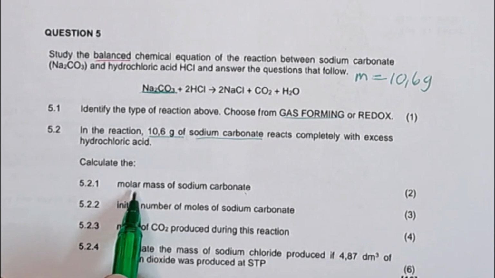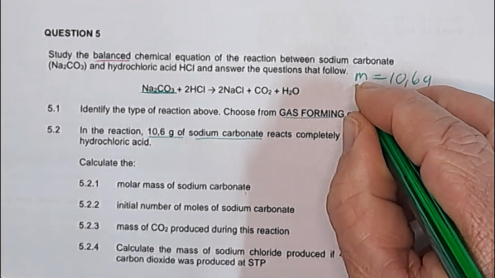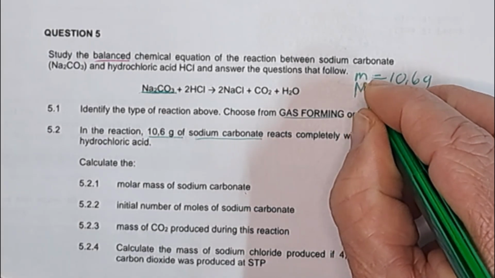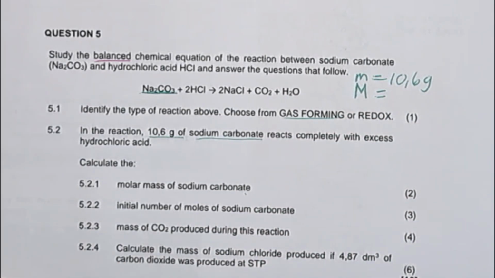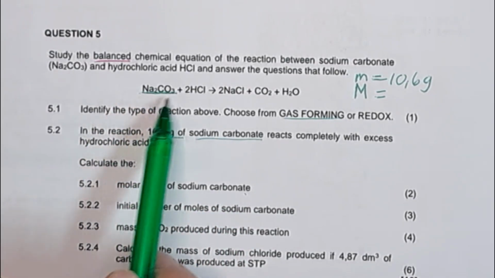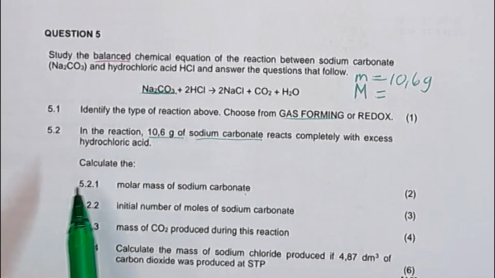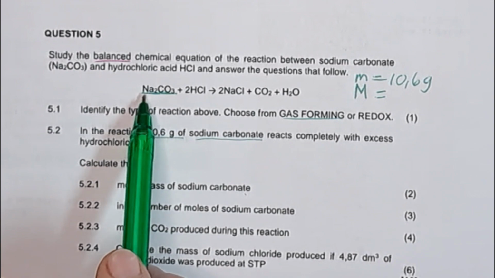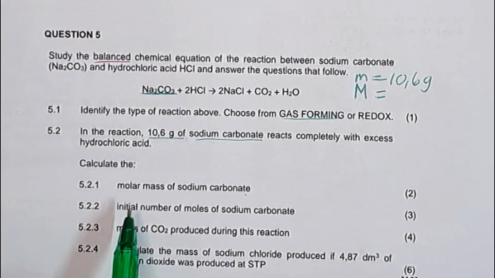Calculate the molar mass of sodium carbonate. So molar mass, they want us to calculate the capital M, molar mass of sodium carbonate. Now, they will say it must be a balanced chemical equation. So, when they give you the symbols of your elements and they ask molar mass, it's not a guessing game.